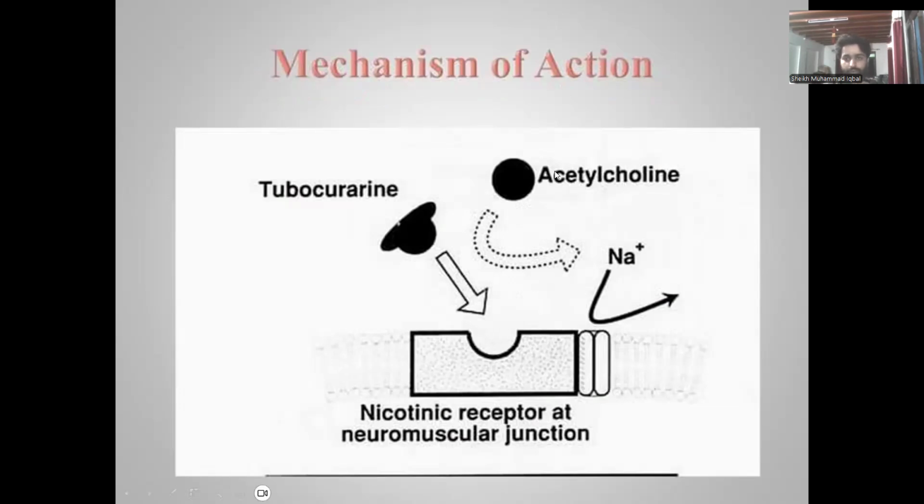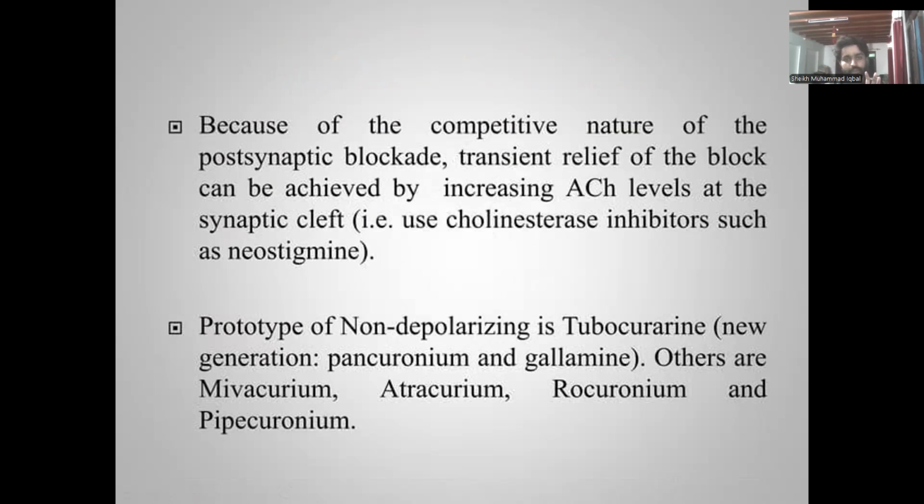So this is the acetylcholine here. You can see acetylcholine tries to bind, but we put a molecule called tubocurarine. It binds to this. So there is a competitive block. Because of this competitive nature, there is an advantage that we can relieve this blockade by increasing the usual levels of neurotransmitter at the synaptic cleft. How can you increase it?